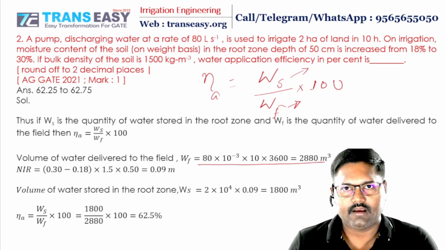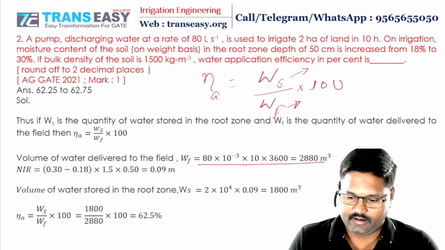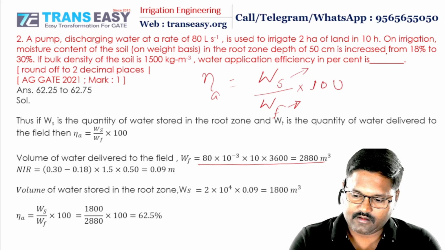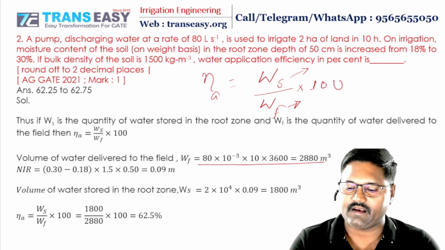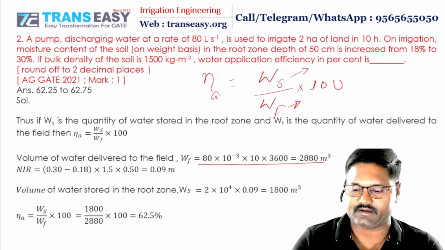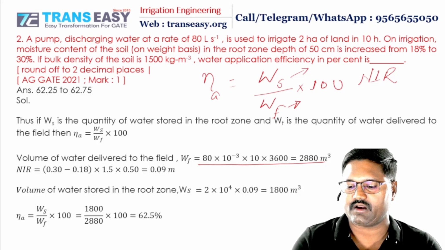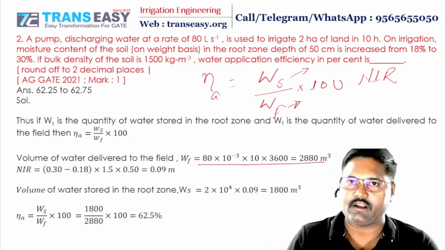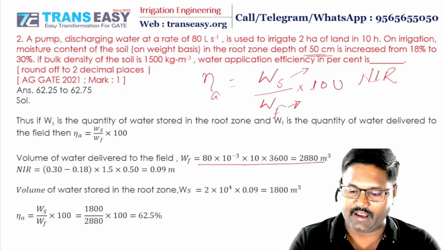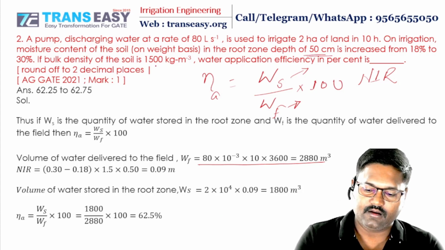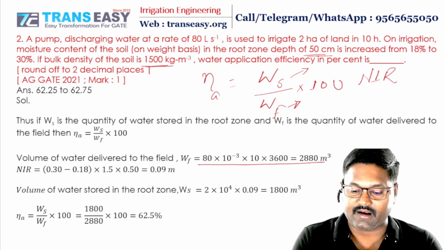Now we find net irrigation requirement. On irrigation, moisture content of the soil in the root zone depth of 50 centimeter is increased from 18% to 30%. So net irrigation requirement in order to increase moisture content from 18% to 30% in this root zone depth, where apparent specific gravity is bulk density upon density of the water.